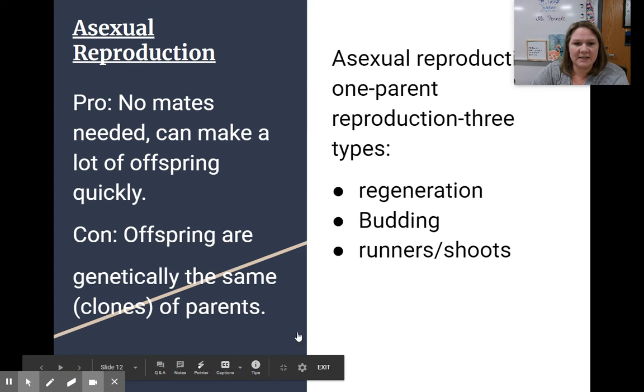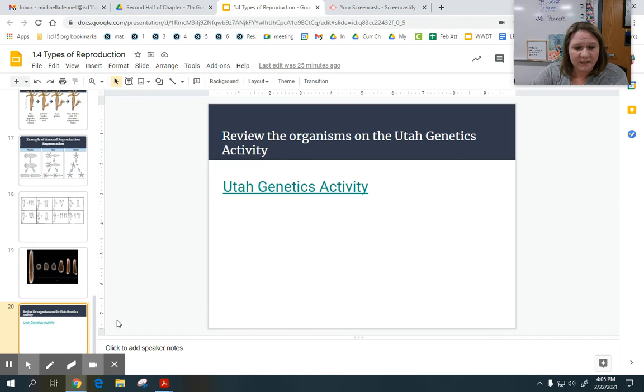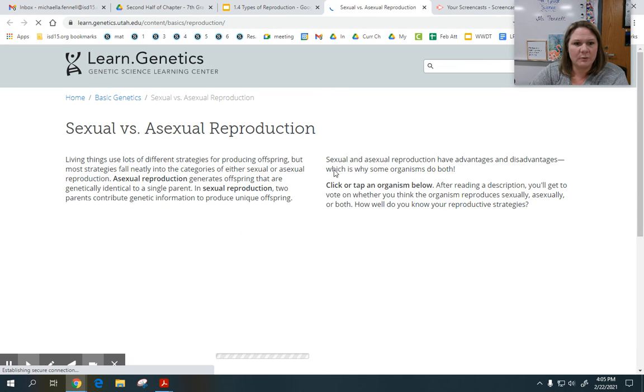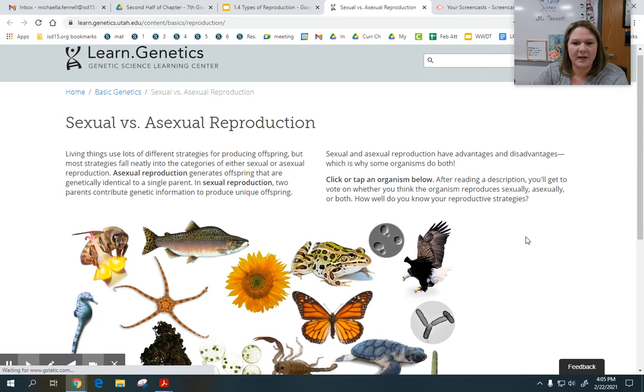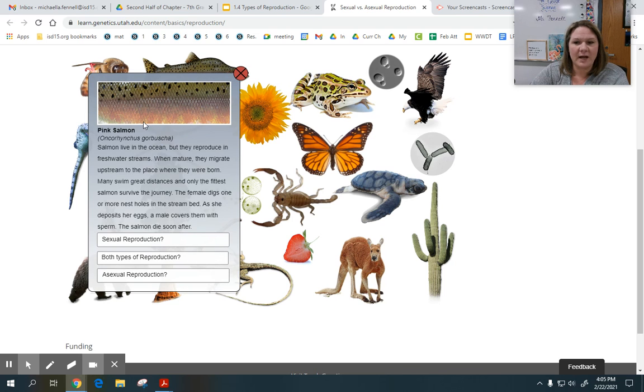What you're going to be doing next is the second thing listed in Schoology for you today. You won't use this link, but it's listed in Schoology. You're going to go to this website where you are going to read all about, I think, 17 different organisms that are listed. You're going to read about how they reproduce, how they make more of themselves, and then you're going to click if you think that's sexual or asexual, or can they do both kinds.